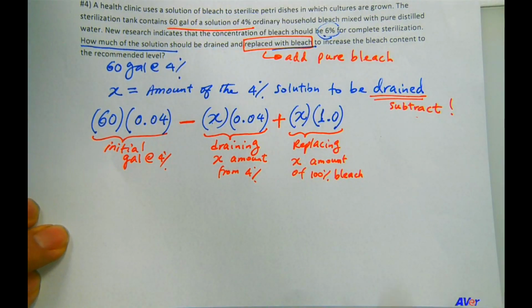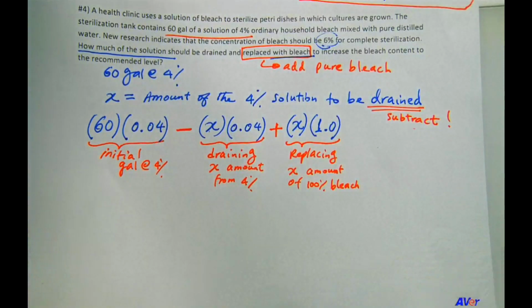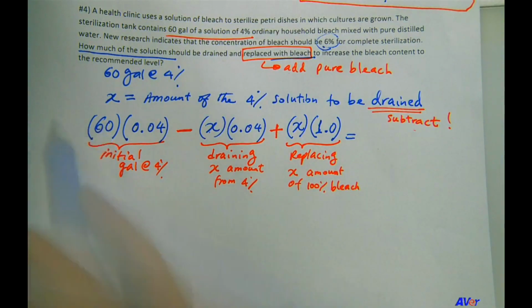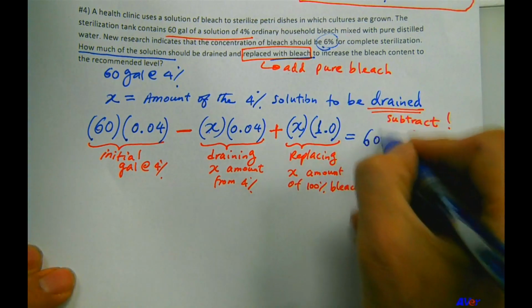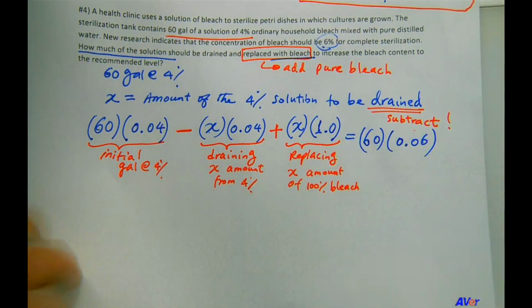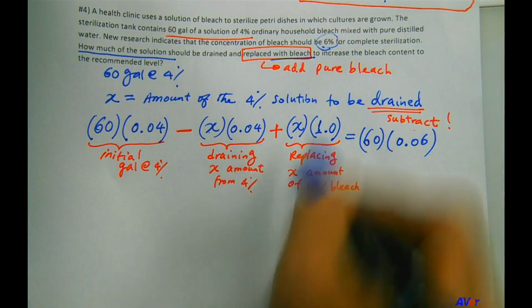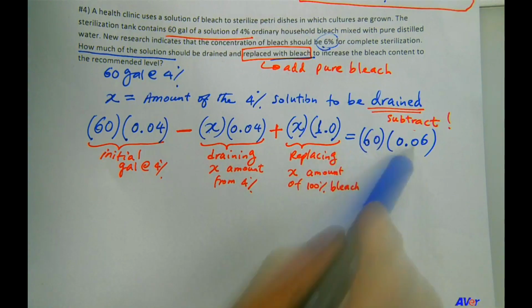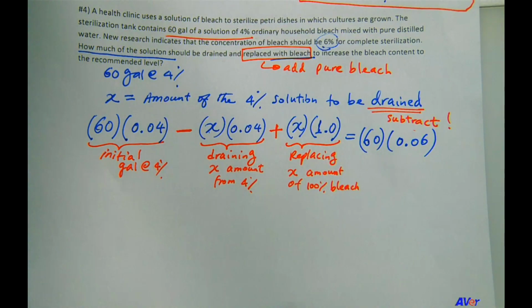Okay? And then that should be equal to what? It should be equal to 60 gallons at what concentration? 6%. So 60 gallons at 6%, or 0.06. We're doing the draining and replacing so we can end up with 60 gallons at 6% solution. Right now we have the initial gallon at 4% solution.